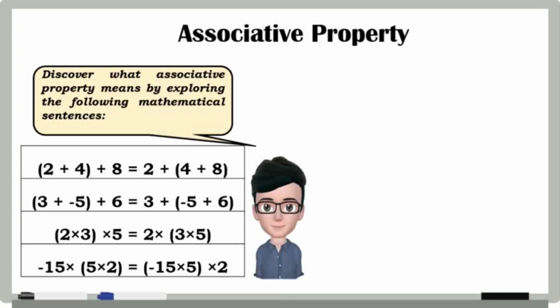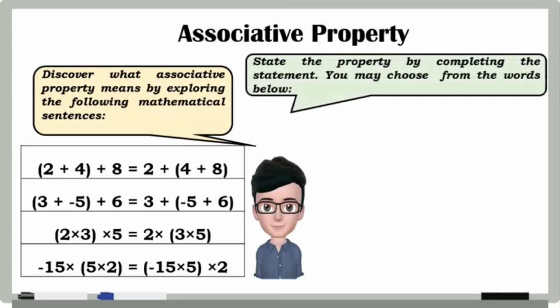The quantity of 3 plus negative 5 plus 6 is equal to 3 plus the quantity of negative 5 plus 6. The quantity of 2 times 3 times 5 is equal to 2 times the quantity of 3 times 5. Negative 15 times the quantity of 5 times 2 is equal to the quantity of negative 15 times 5 times 2.